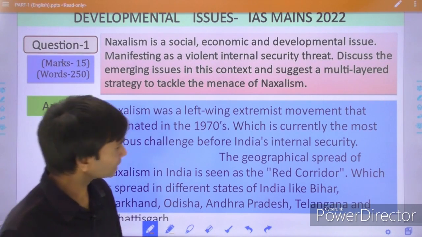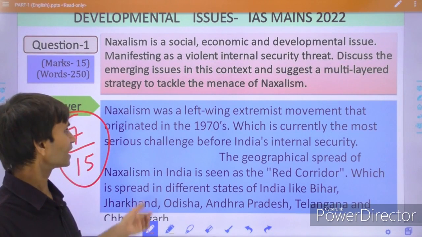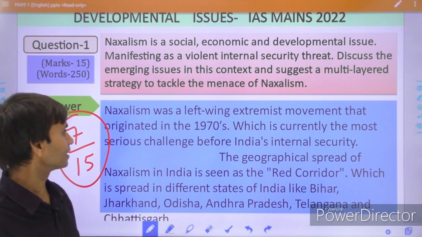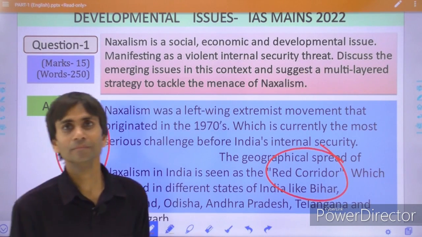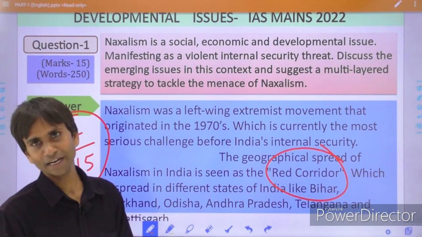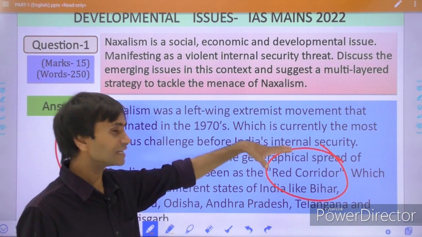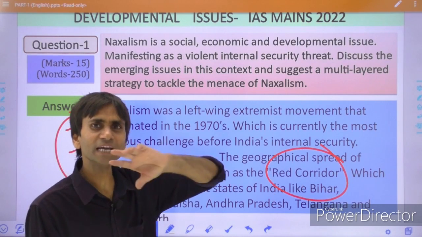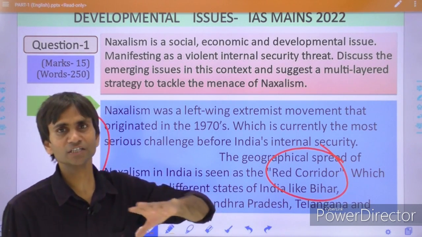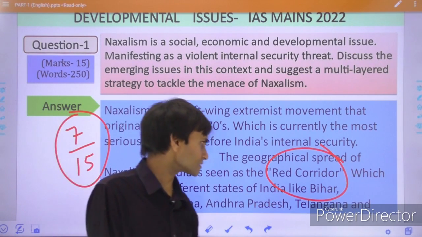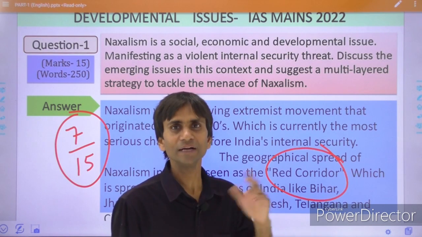Definitely yes, a developmental issue, because in the areas where the Naxalites are trying to establish their red corridor, which is the dream of the Naxalite people in India, there is weak infrastructure of roads, transport, educational institutions, health infrastructure, fresh water supply and employment.